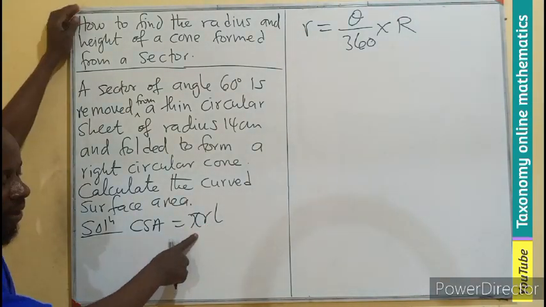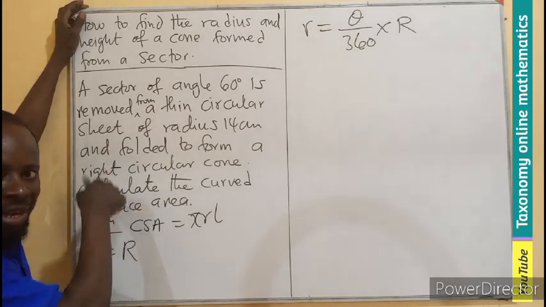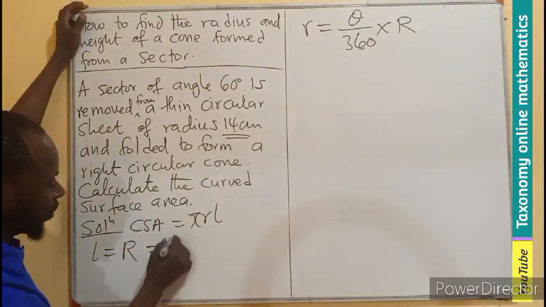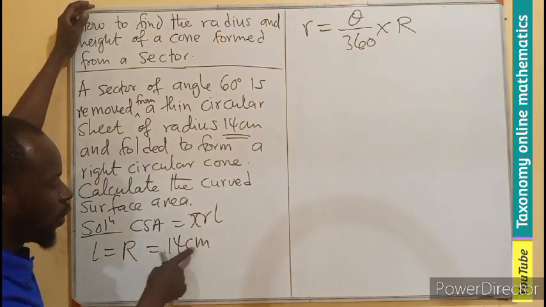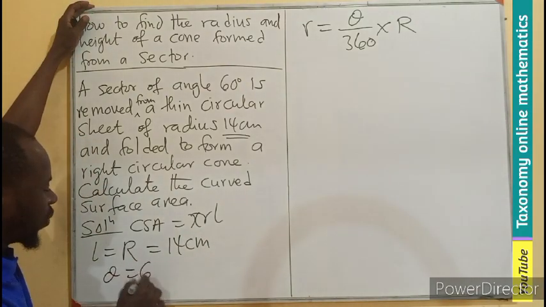From here we can see that L is going to be the radius of the circle, the thin sheet, which is 14 centimeters.